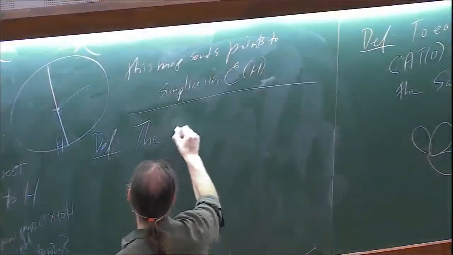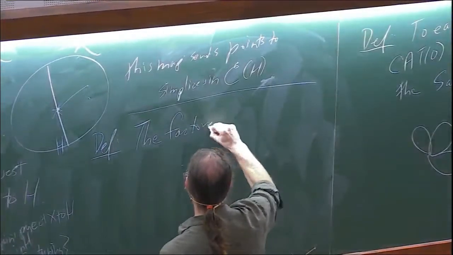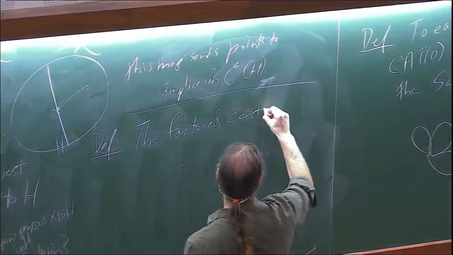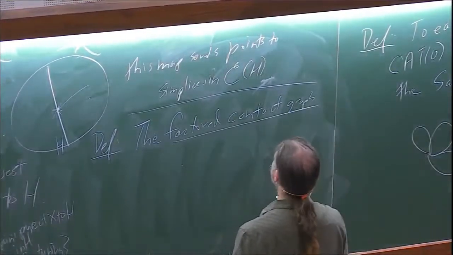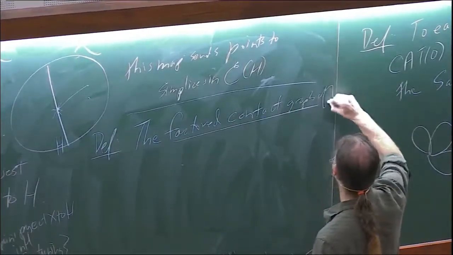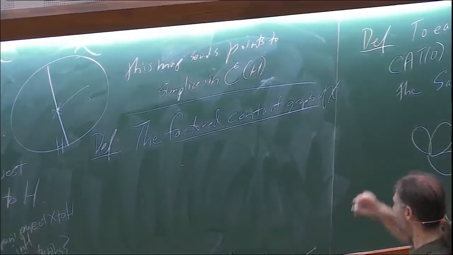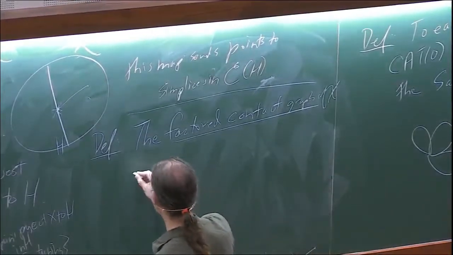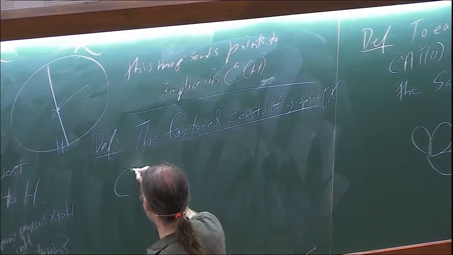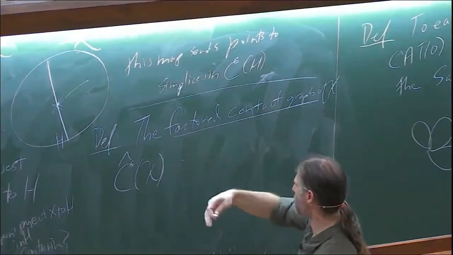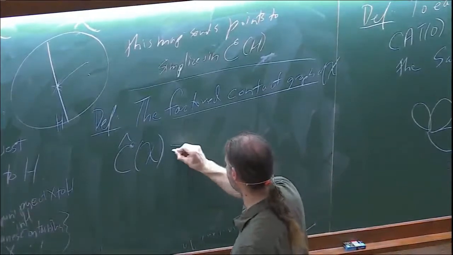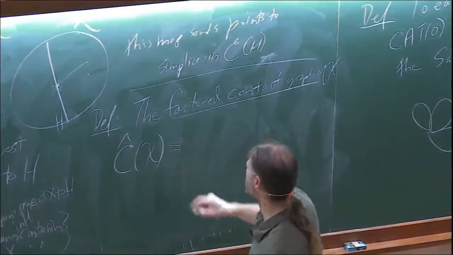The factored contact graph of X, I'll denote this C hat. I'm going to denote it C hat here, and then afterwards we'll ignore the other one and just mean this one.